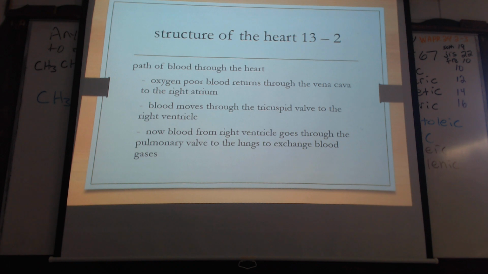I can't remember if everyone was here when we gave this example, but when we're talking about this valve, the tricuspid we know is on the right side, and the bicuspid would be on the left. For our purposes, as we had explained, why is possibly the bicuspid on the left side of the heart instead of the tricuspid?